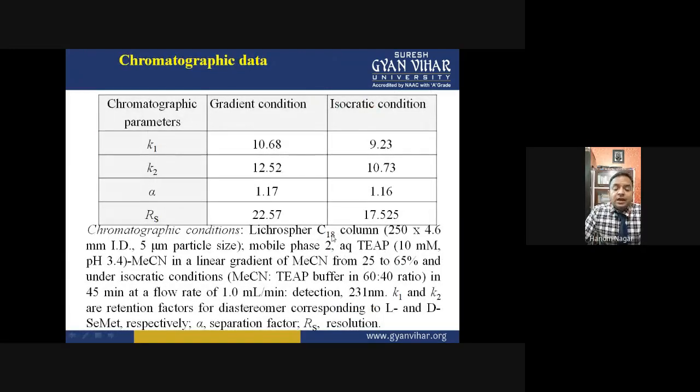C18 column means an 18 carbon containing species is present in the column, which interacts with the diastereomers. So there is an 18 carbon hydrocarbon chain, which is non-polar, that is hydrophobic. So, according to the same rule, the same type of species interact with the same type of species for more time.